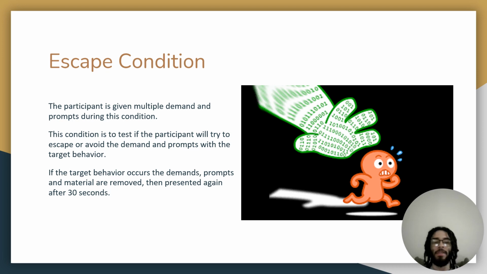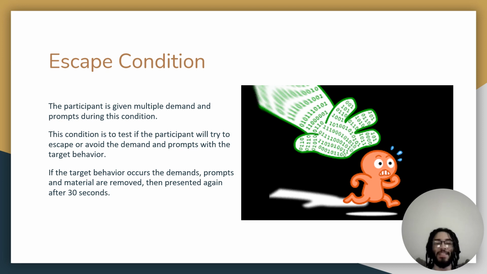The next condition is going to be the escape condition. In this condition, you're going to provide the participant with various stimuli, and then you're going to place demands on them and see if they engage in the behavior after placing the demand.